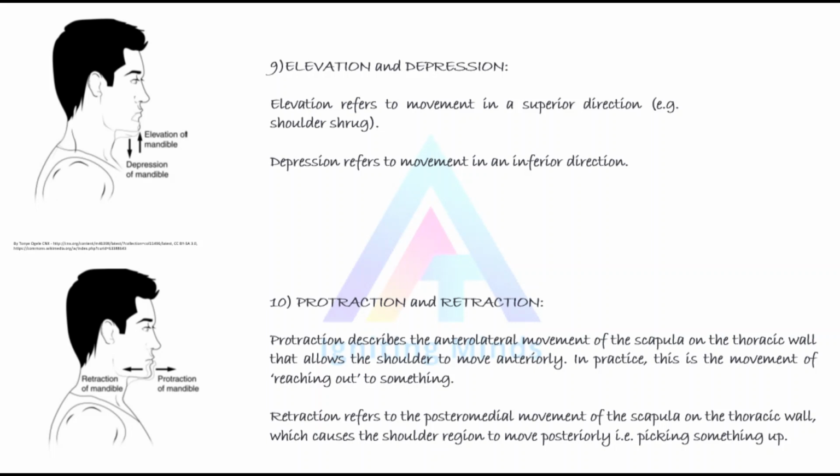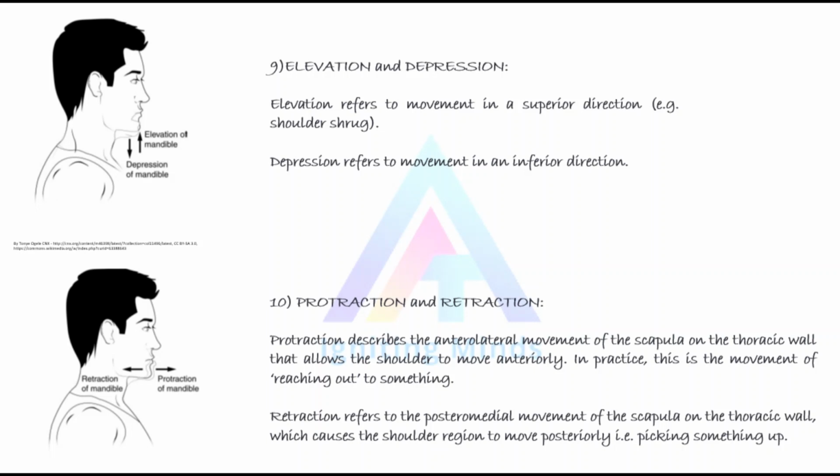Elevation refers to a movement in a superior direction, like you shrug your shoulders, saying you don't know. Depression refers to a movement in an inferior direction. Example is like when you are surprised or shocked, you open your mouth, bringing your mandible down. So that's depression.